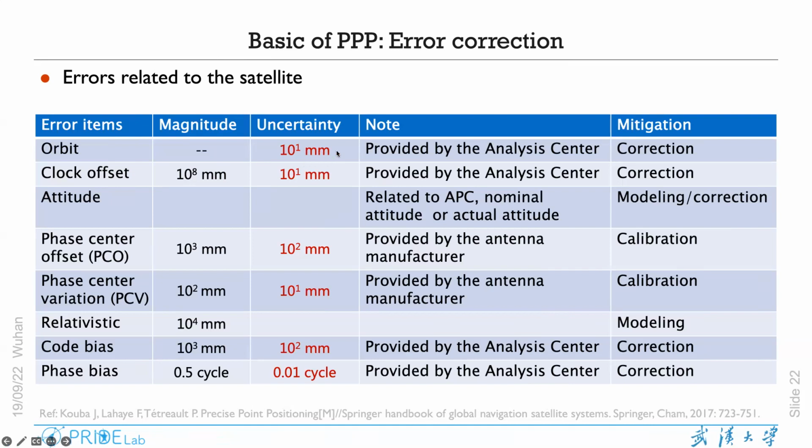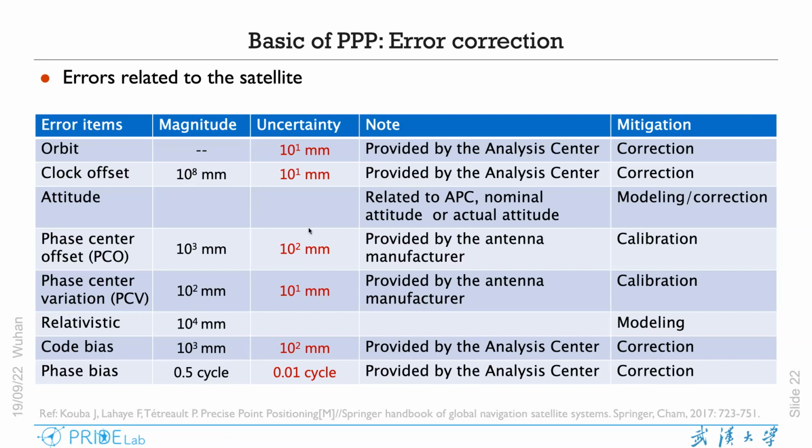It can be provided by third parties like the International GNSS Service, which is going to be talked about later on. And we have the satellite clock offset. Although it is based on atomic clocks, we still need to make further corrections on these clock errors if we want to achieve millimeter level precision.